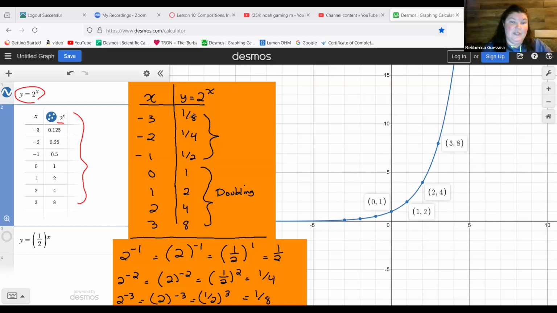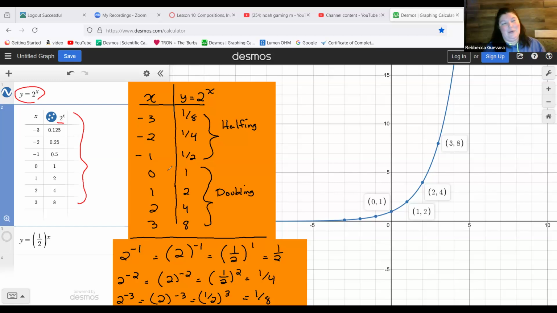So as you see, these values here, they're not doubling, they're getting smaller by half. When we're using powers that are anything that's actually positive, we see this doubling effect.